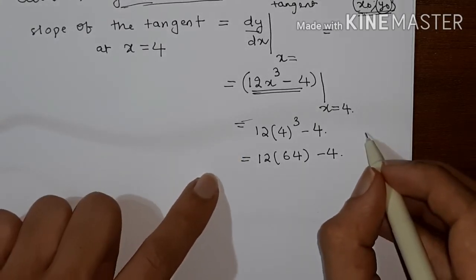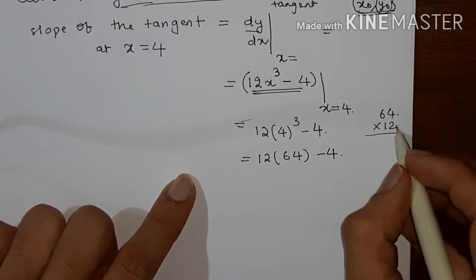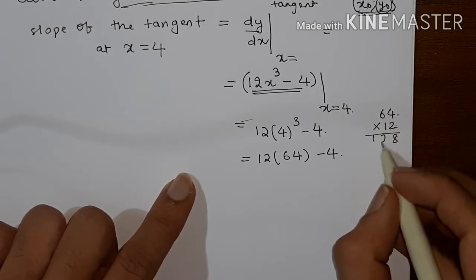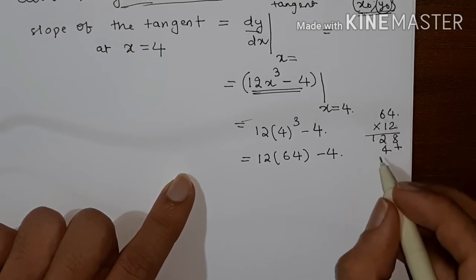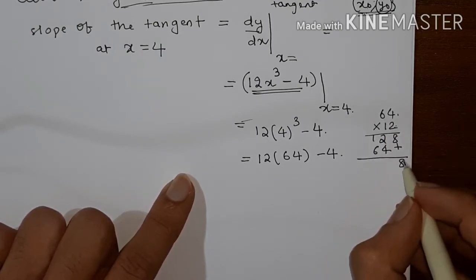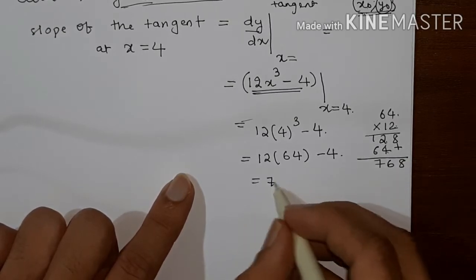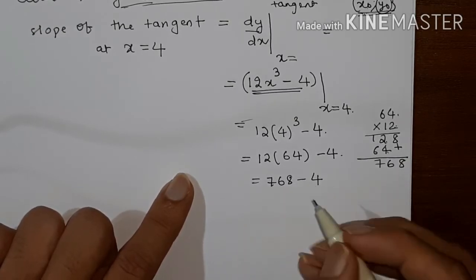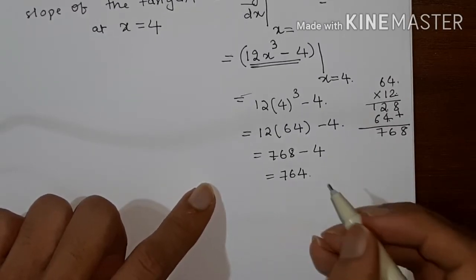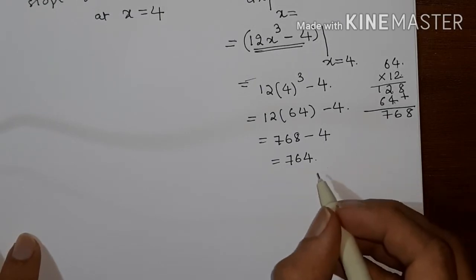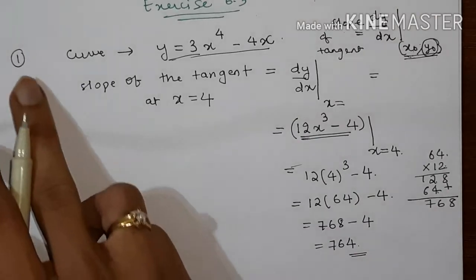Now what is 12 times 64? 12 fours are 48, and 12 sixties are 720, so that gives 768. So you get 768 minus 4, which is nothing but 764. So the slope is 764 for problem number 1.